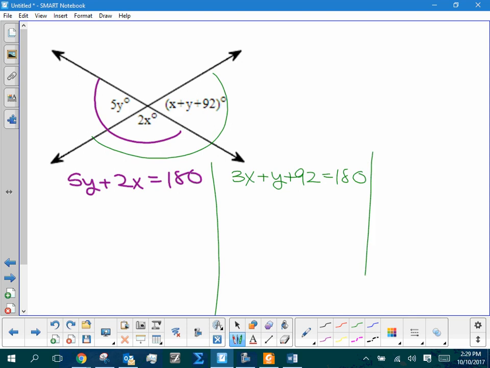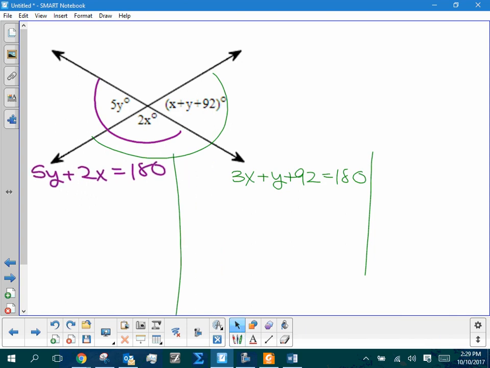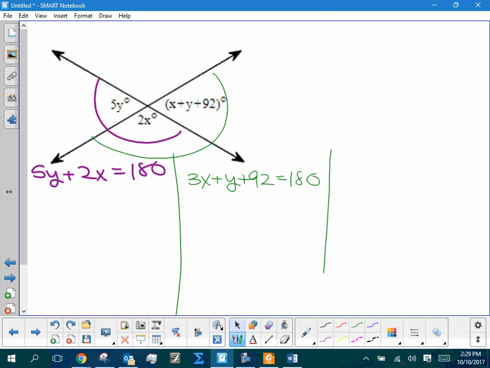Okay? And to be honest with you, that's really all we need to solve this for x and y. There will be situations where maybe it's a little bit simpler to still look and recognize if there are any other relationships that we know to be true. And if I look at what's going on up there, you know that blue angle and that blue angle are the same.